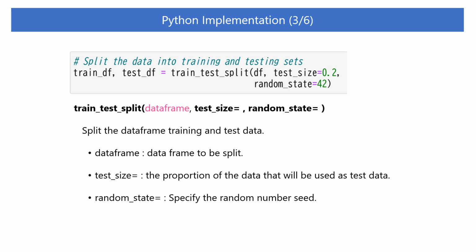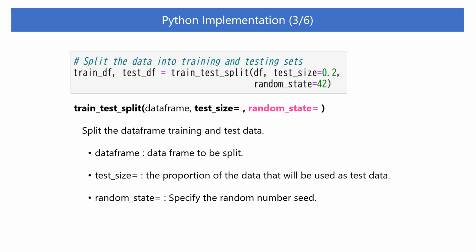In this case, we will split the data frame named df. We can also set test size, which is the proportion of the data that will be used as test data. In this case, we set it to 0.2, so 20% of the data is used as the test set, and the remaining 80% is used as the training set.